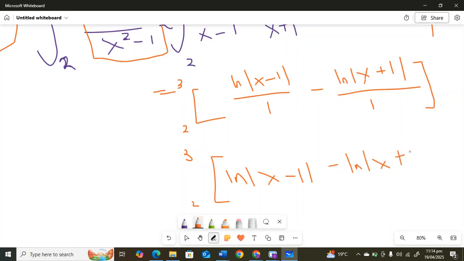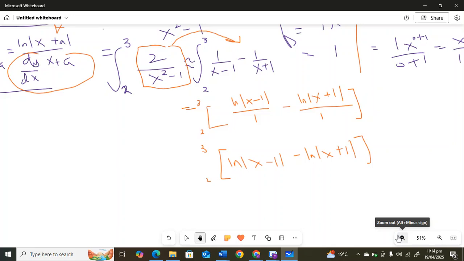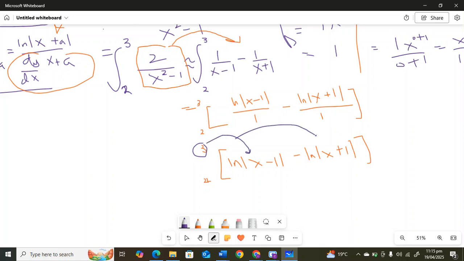So I believe most people are wondering, these 3 and 2, what is their purpose? This is where they come in. Here we're integrating with limits. That's why there's no plus C. Notice I haven't put any plus C around here. So what's going to happen is these 3, we're going to substitute here and here.